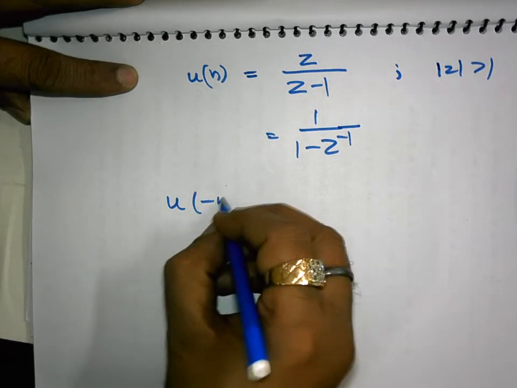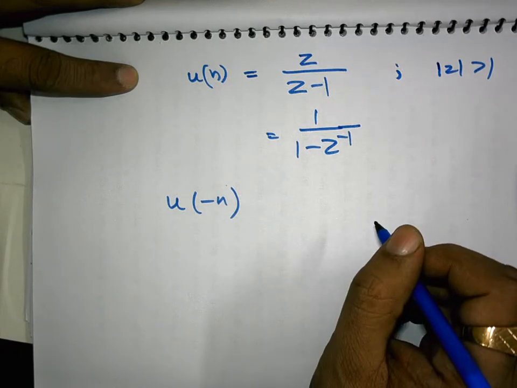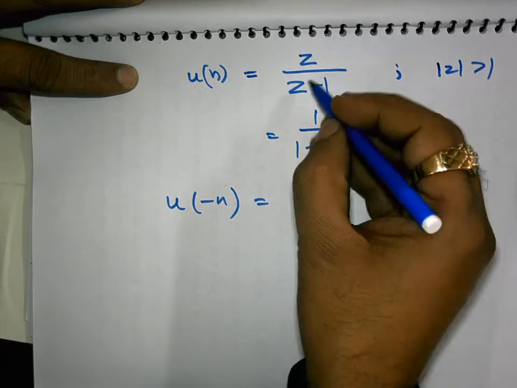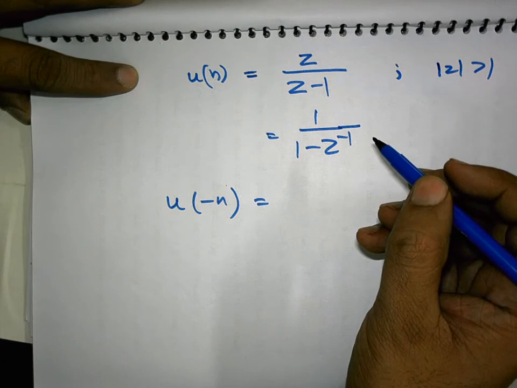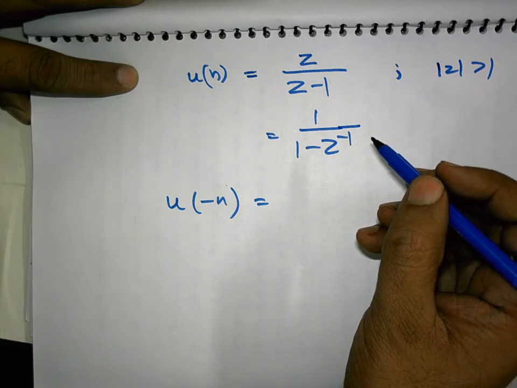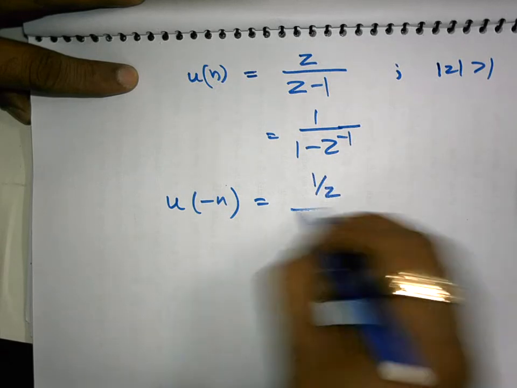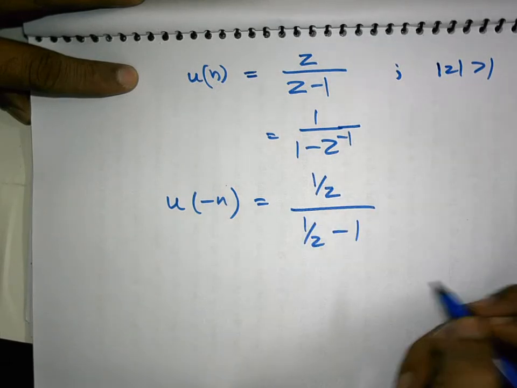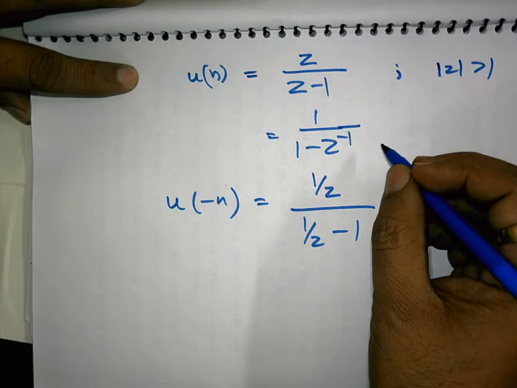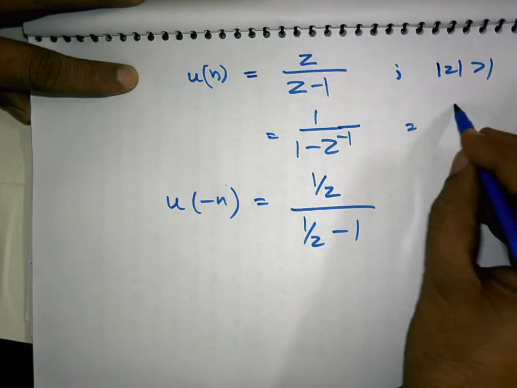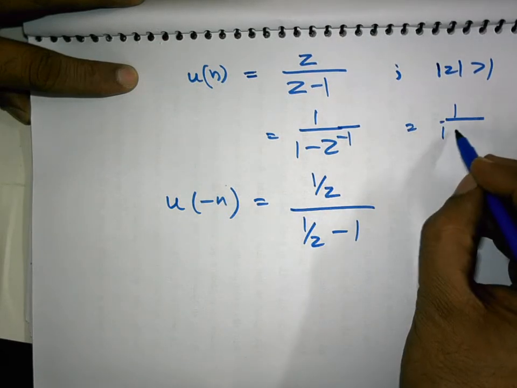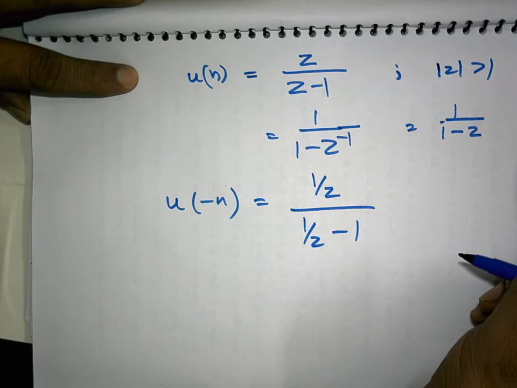So, what will be the z transform of u[minus n]? Simply by using the property, every z will be replaced by 1 by z. So, this will be 1 by z over 1 by z minus 1. Getting my point? Or simply you can say that this will be 1 over 1 minus z.